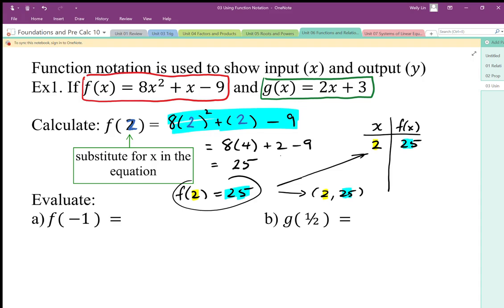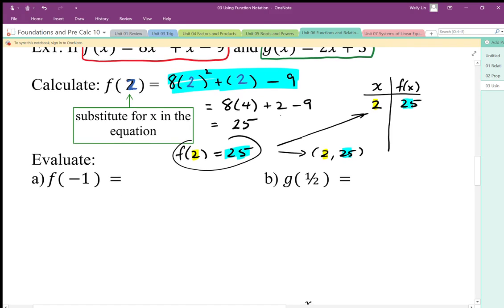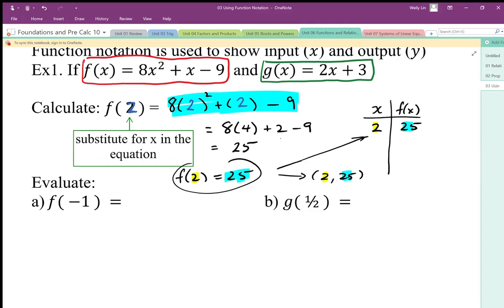Okay, so let's try a couple more of these. If I have f of -1, the first thing is I need to identify the function I'm dealing with. It's the f function, so it's 8x squared plus x minus 9. The input is going to be -1, so I'm going to input -1 into my function.